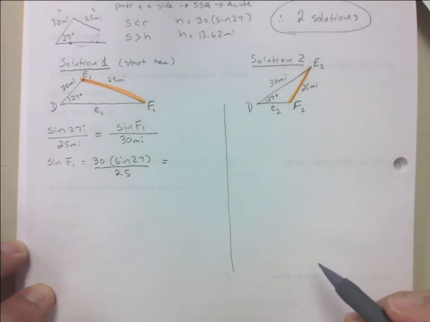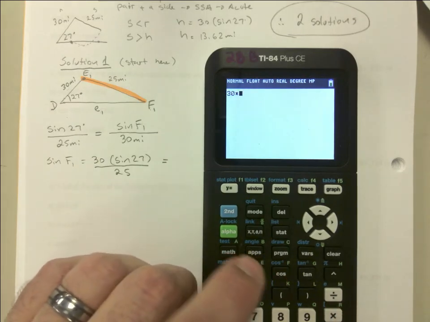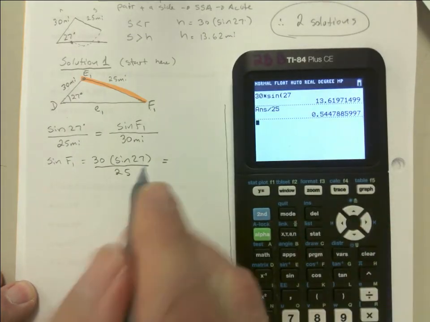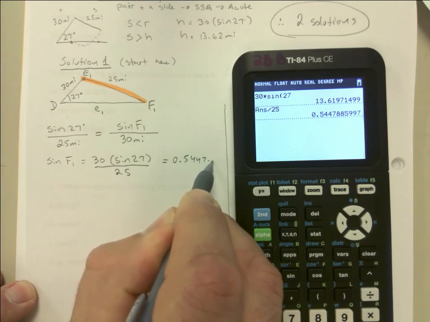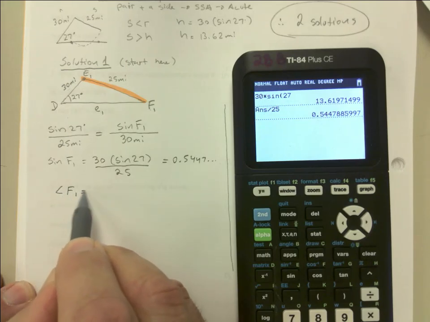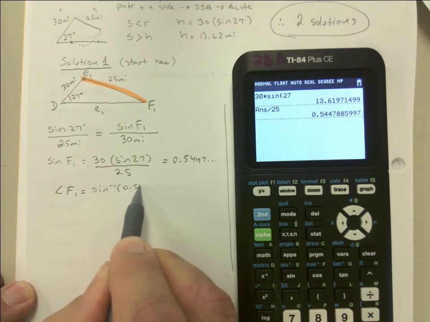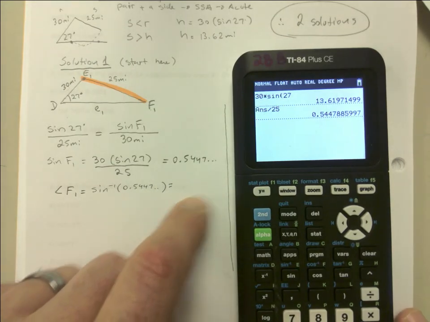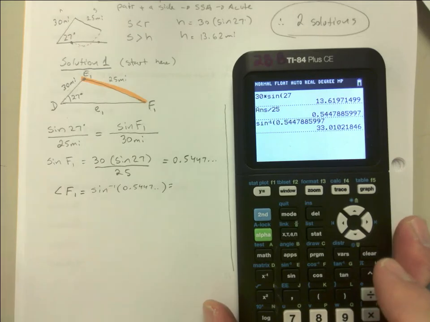We're going to get a decimal for it. We get 0.54. Write this down. So angle F1 is going to be sine inverse of that. And I'm just going to put it right beside it to save some space. I get 33.01 degrees.